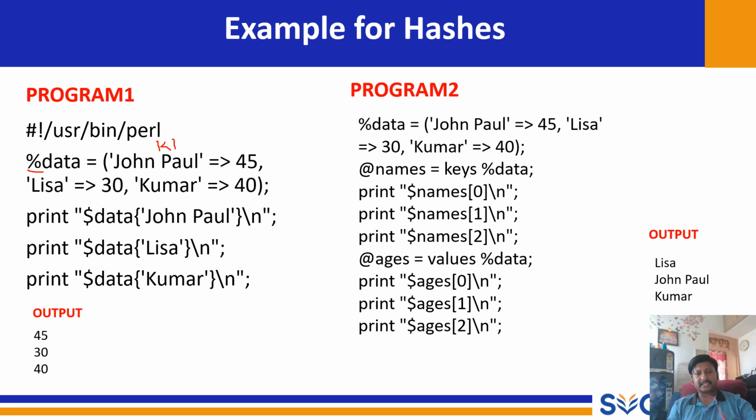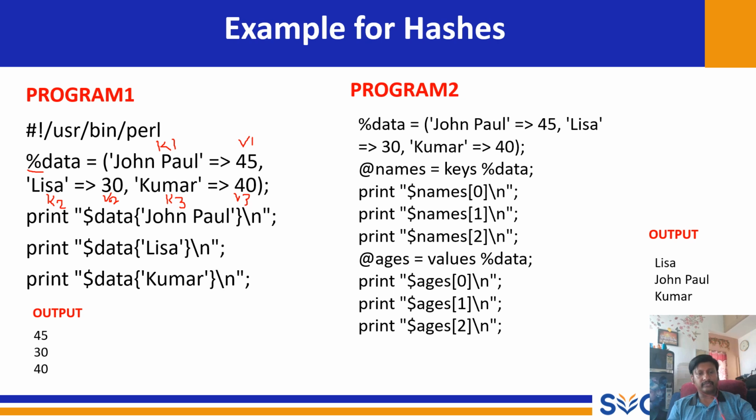John Paul is key 1 and 45 is value 1, Lisa is key 2 and 30 is value 2, and you have a third key, Kumar, with value 3 as 40. So totally you have three keys and three values.